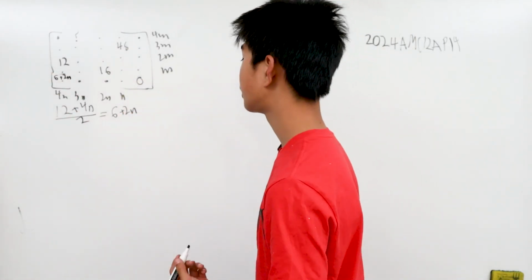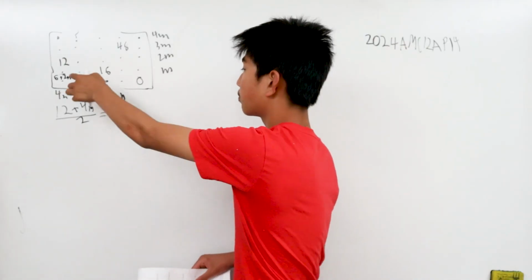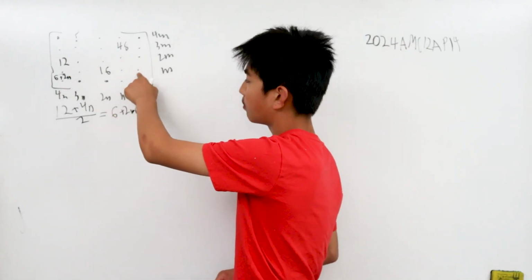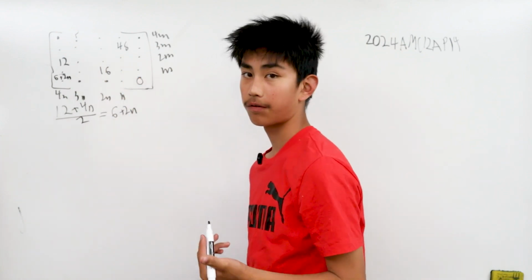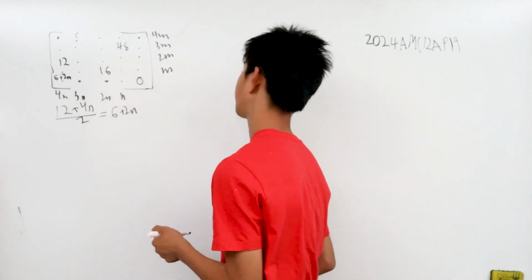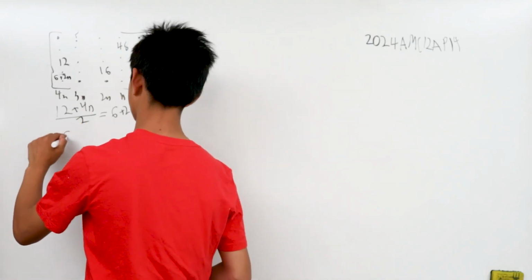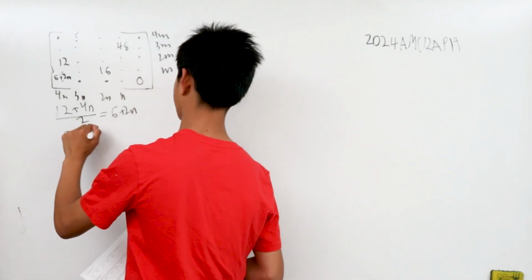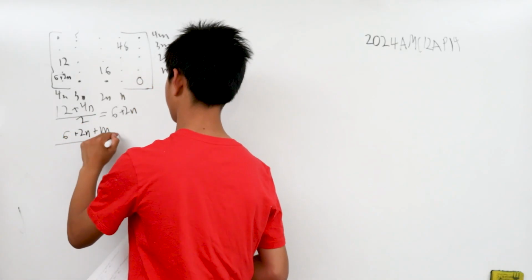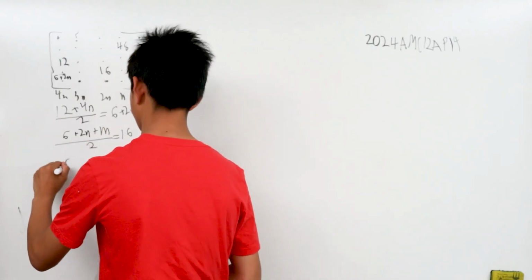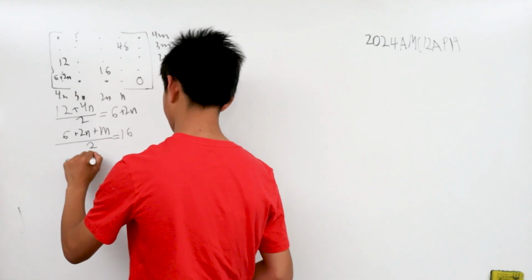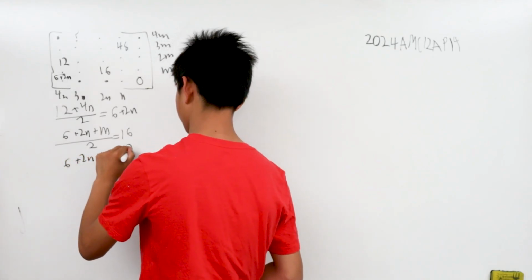Okay, now we see here that 6 plus 2n plus m, over 2, the average of these two dots furthest apart, is 16. So (6 plus 2n plus m) over 2 is 16. Then multiplying by 2, 6 plus 2n plus m is 32.